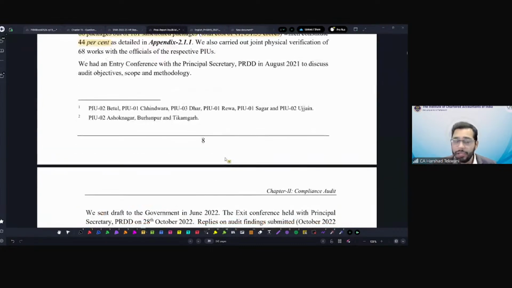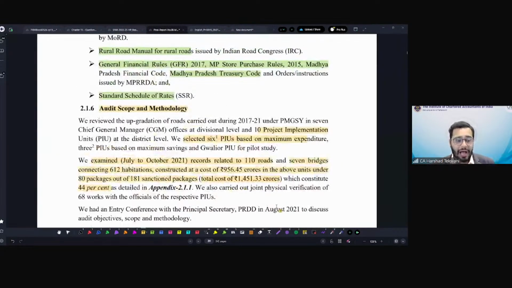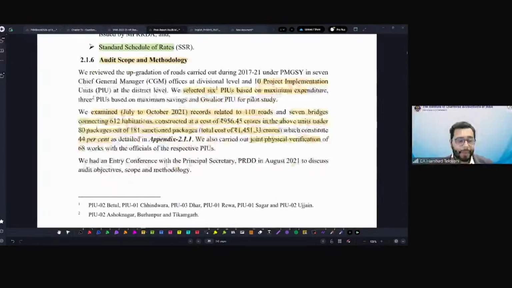They plan the audit, they assess the risk. Where is the risk? Higher risk is there. They will carry out the joint physical verification. So at the time of planning, I will decide whether I need to do physical verification or I need to carry out observation, inspection. What kind of procedure I will carry out? Entry conference.